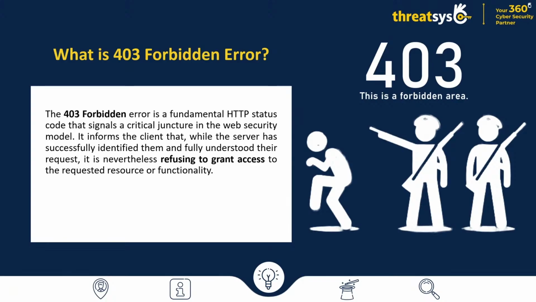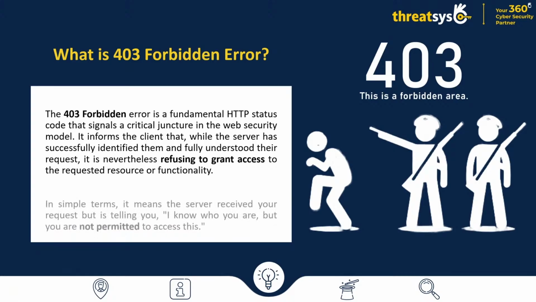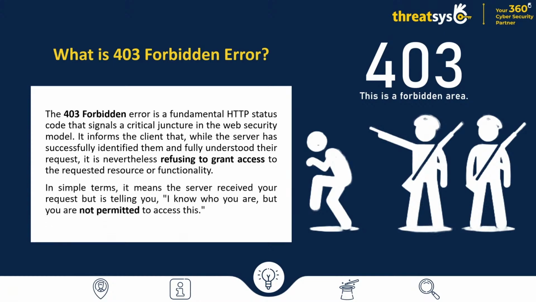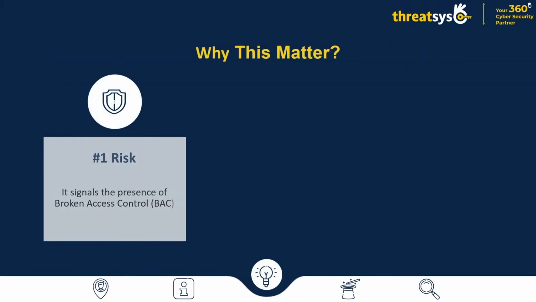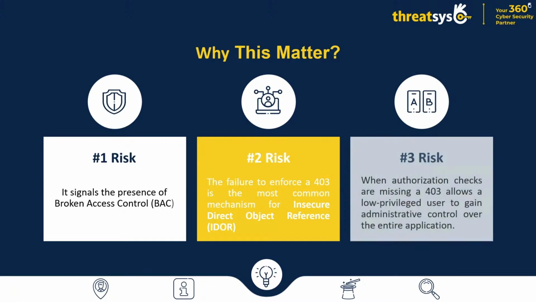As you can see in the figure, there is a forbidden area where the soldiers are standing, and the intruder is being forbidden from entering there. So in simple terms, the server is saying, I know who you are, but you are not permitted to access this. So why does this 403 Forbidden matter?